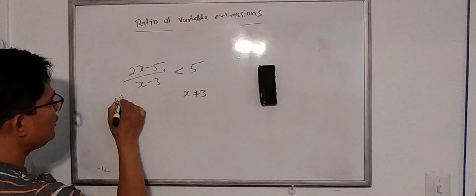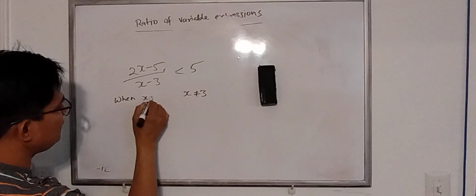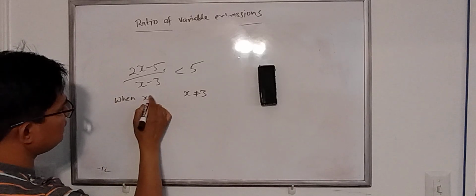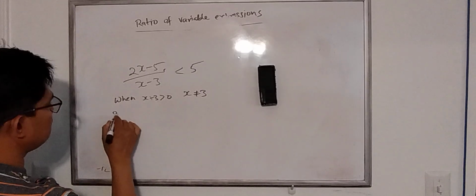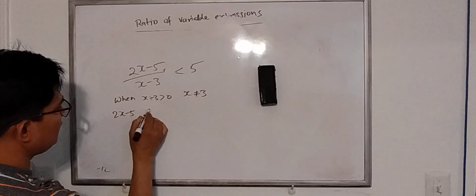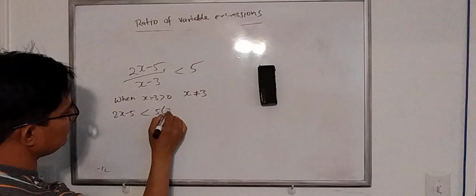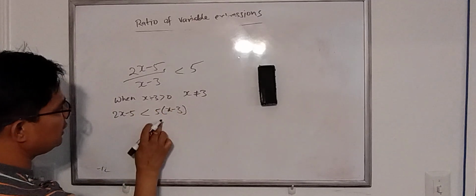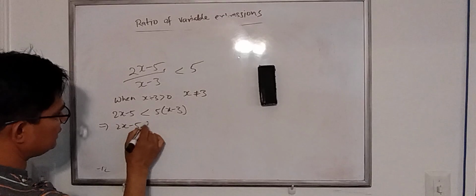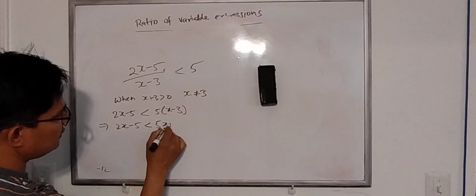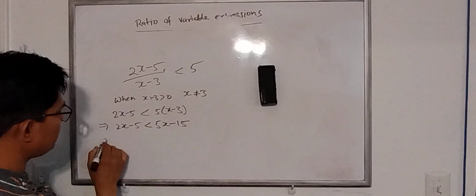That's one thing. Now assume when x minus 3 is greater than 0, means x minus 3 is positive. So 2x minus 5 is less than 5 times x minus 3. Since this is positive, we did not change the direction. So 2x minus 5 is less than 5x minus 15. Okay.